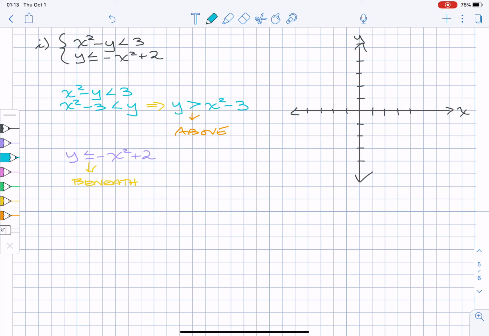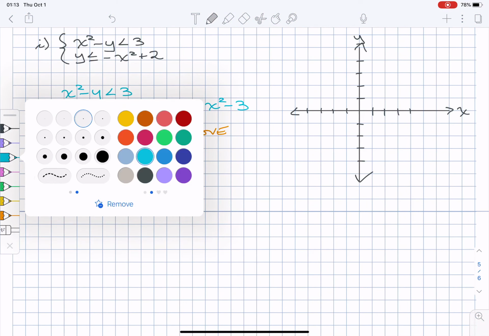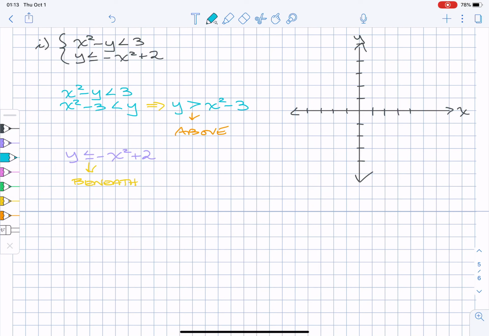Okay, so we know that the blue guy has to be dashed because there's no equal sign. It's shifted down 3, and looks something like so.